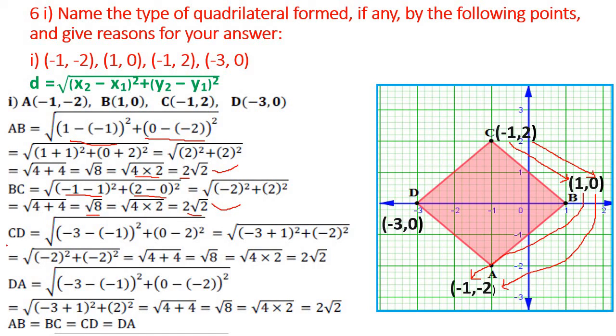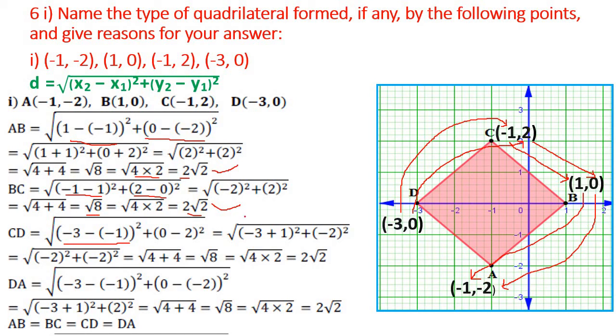Similarly, find out the length of CD. The length of CD is the square root of (x2 minus x1) whole square plus (y2 minus y1) whole square. So, (minus 3 minus of minus 1) whole square, then (0 minus 2) whole square.